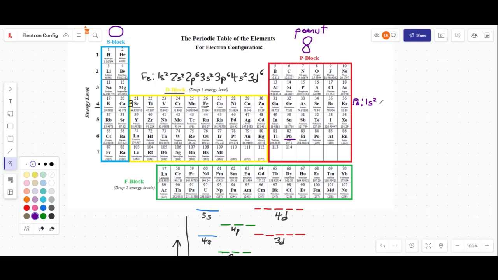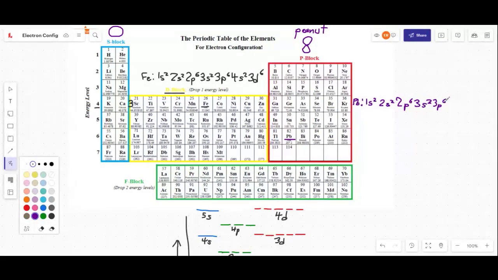All right, so what comes after 1s2? 2s2. Good. And what comes after 2s2? 2p6. And after 2p6? 3s2. Very good. And after 3s2? 3p6.